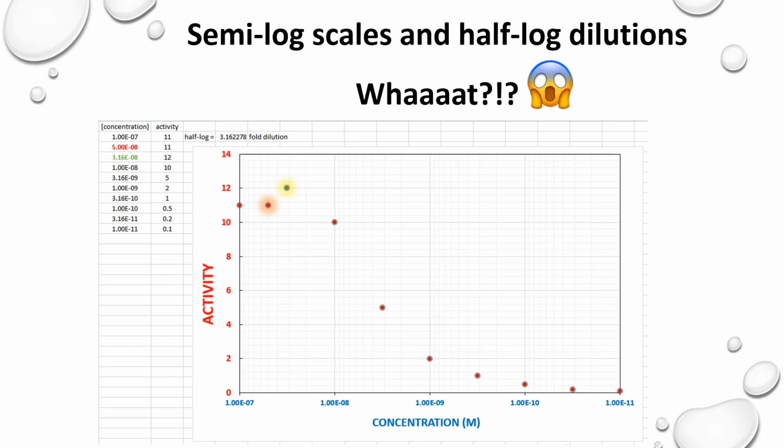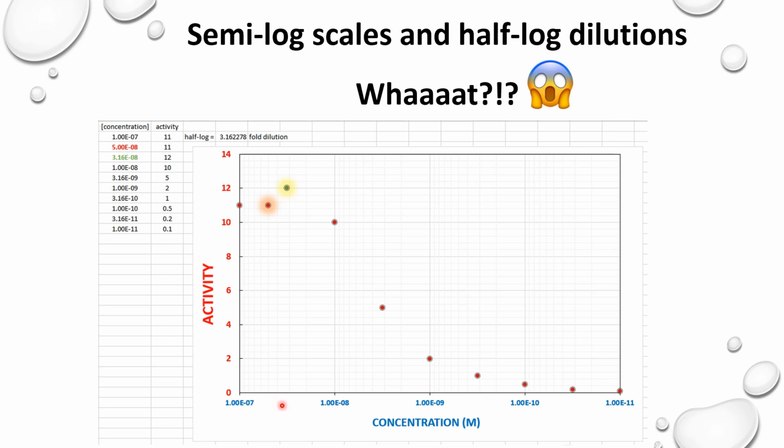We go from 10 to the minus 8 molar to 10 to the minus 9, 10 to the minus 10. We can go all the way down to 10 to the minus 12. We reach the picomolar range in order to see where our protein stops having its effect. But what if you want to do a step in between? So a step in between, let me get my laser pointer, in between this 10 times dilution.